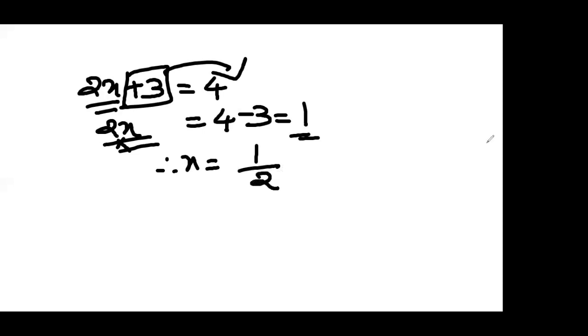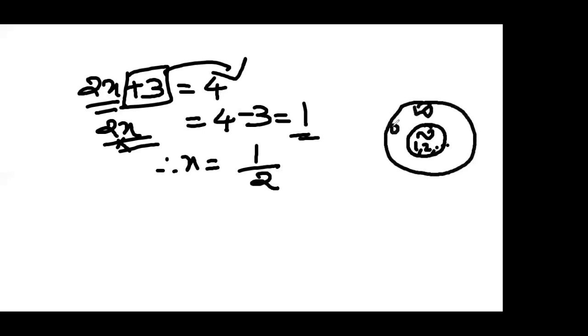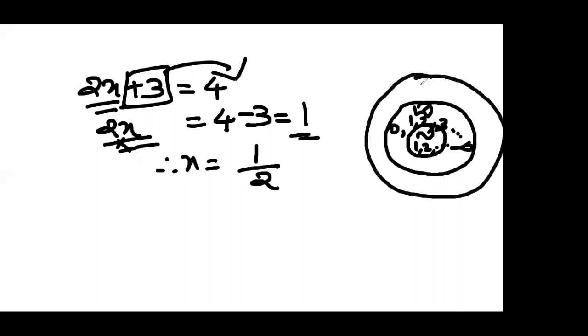1 divided by 2. But we haven't dealt with such a type of question yet, because we have studied natural numbers, which are 1, 2, 3, etc. up to infinity. Then we have studied whole numbers, which are 0, 1, 2, 3, etc. up to infinity. Then we have studied integers, which go from negative infinity to positive infinity.